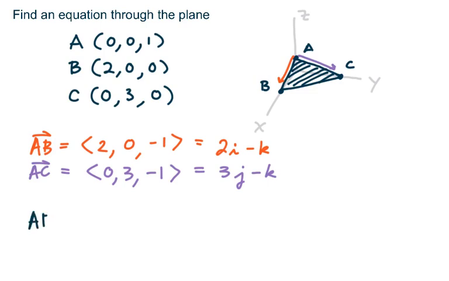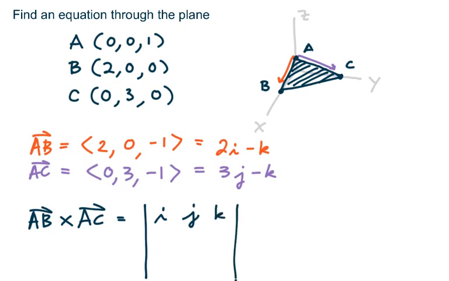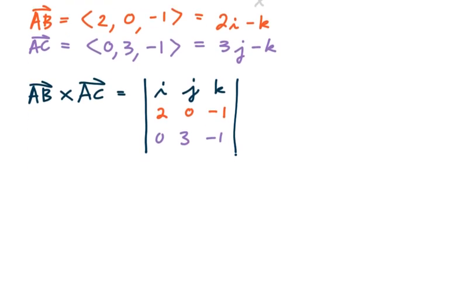So AB cross AC, that would be finding the determinant of this matrix. We say i, j, k. I've got 2, 0, negative 1, and 0, 3, negative 1. So this is going to equal i times the determinant of 0, negative 1, 3, negative 1, minus j. It's always a minus for that second one.